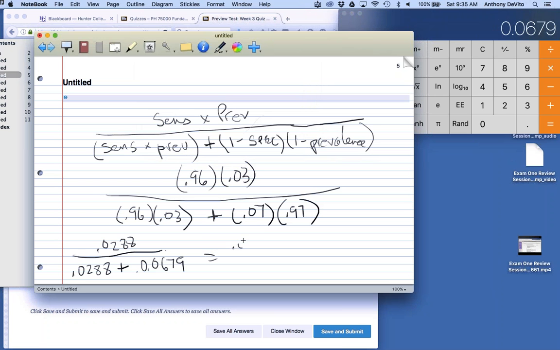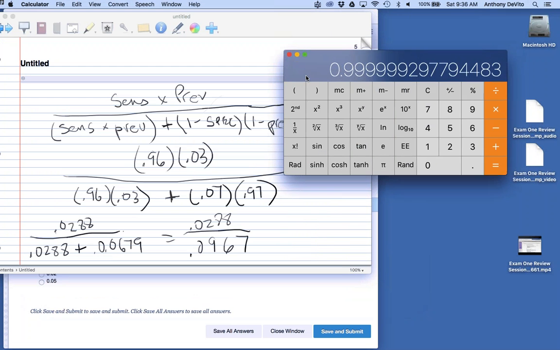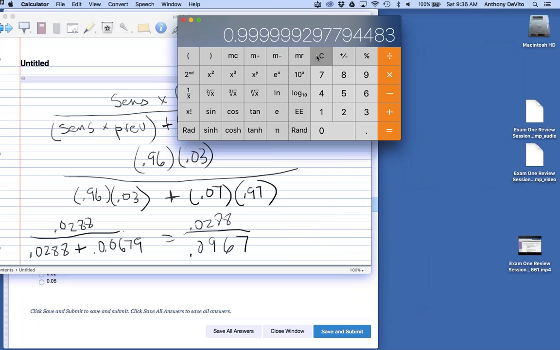Okay, so I add these up: 0.0288 over, and let me try and add these now. How many decimal places do I have here? 9 and 7 is 7, 7 and 5 is 6, 1, 8 and 0 is 9, so 0.09. I think I got that right. Okay, let's see what I got for a final answer here. I got 2 answers showing up here. Cross my fingers here.